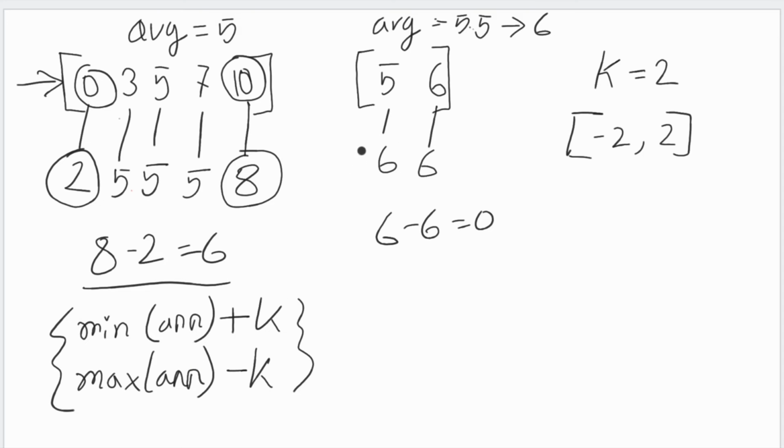Then what will be the case for this one? Because if we add 2 to 5, then 5 plus 2 becomes 7, and if we subtract 2 from 6, then our result is going to be 4. But in this case 4 minus 7 is minus 3, so that is not our result.